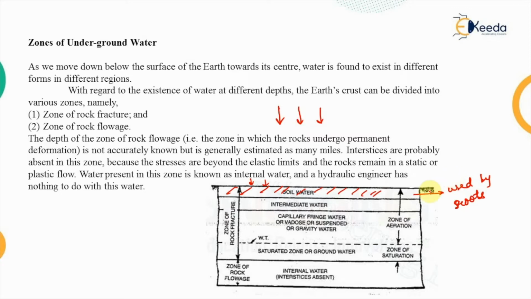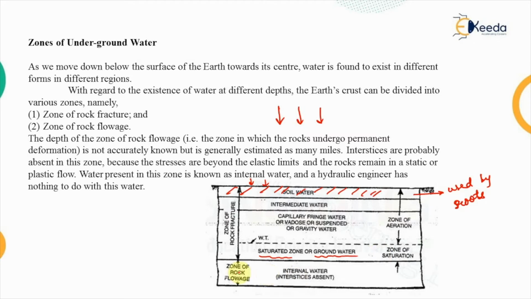Mostly the rest of the water goes straight into the saturation zone, which is also known as the groundwater zone. Up to a certain height the water will be stored in this, and that zone is known as the zone of saturation.